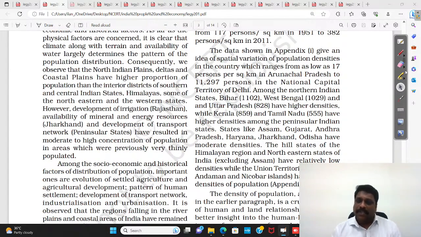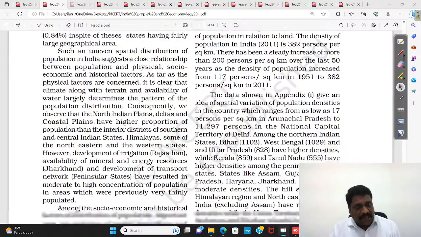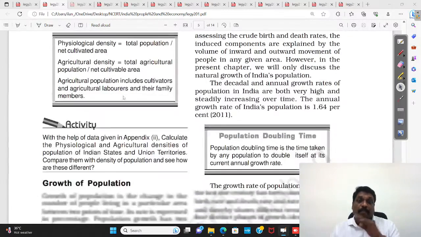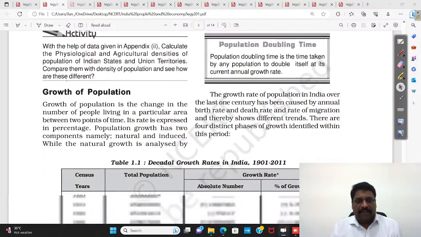So, we have an idea of what density of population is, and what population is. I repeat again: the most populous state is Uttar Pradesh, whereas the most densely populated or thickly populated state is Bihar.